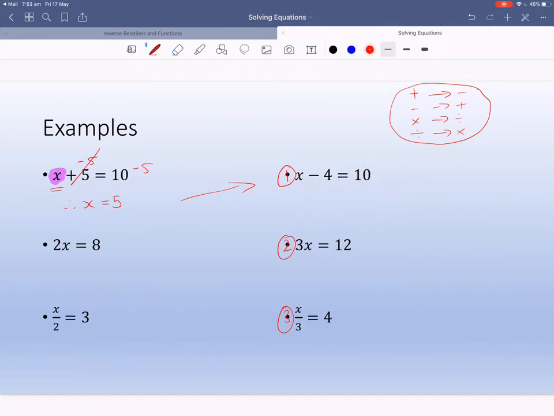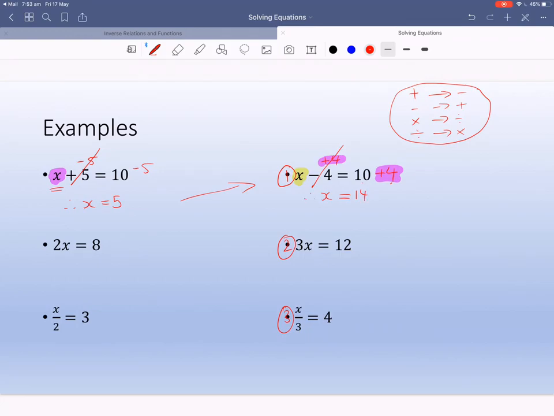I'm going to go plus 4 on this side and plus 4 on this side. Remember, what I do to one side, I must do exactly the same to the other side. I'm left with just an x, so x equals 10 plus 4, which is 14.